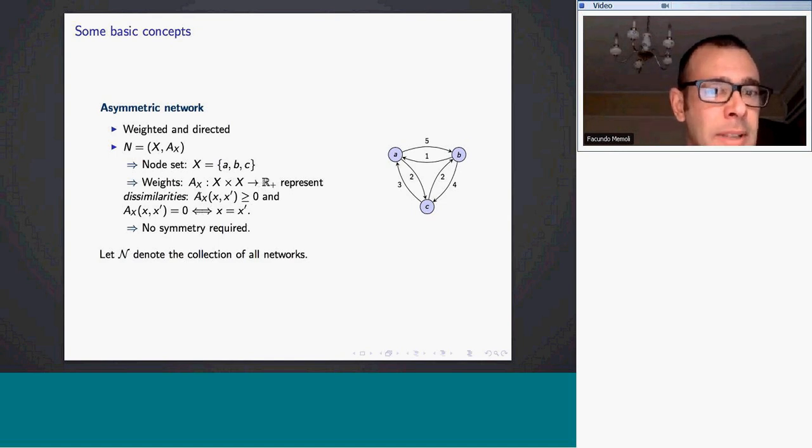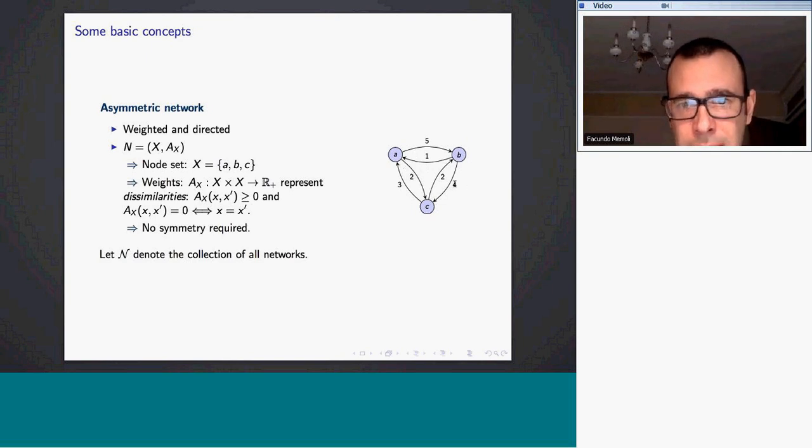We assume that the dissimilarity between two nodes is 0 if the two nodes are identical. There's no assumption about symmetry, so the definition also encompasses finite metric spaces.